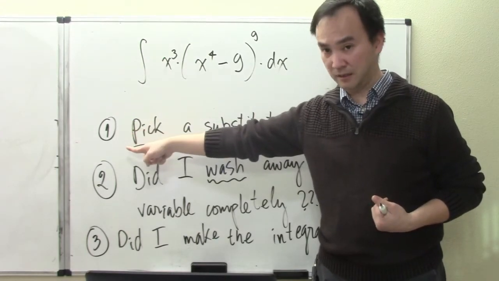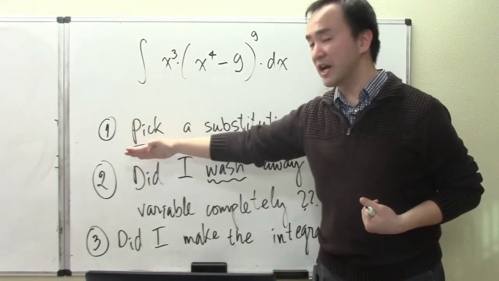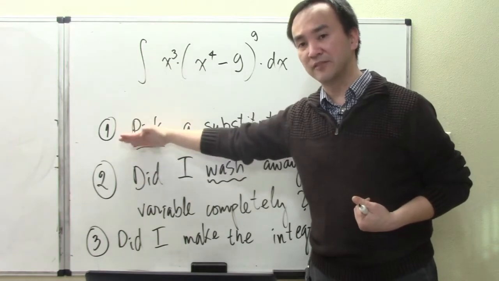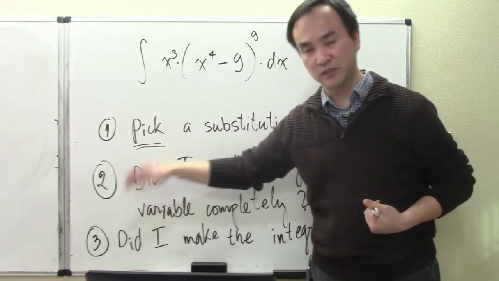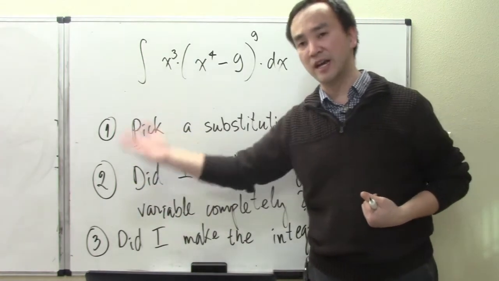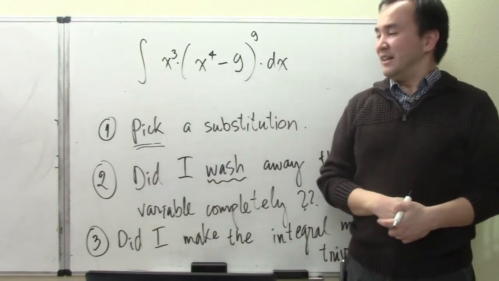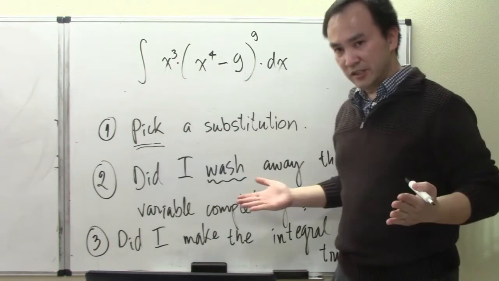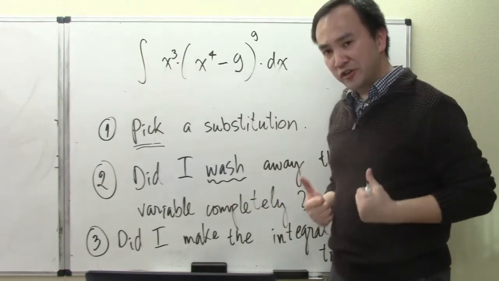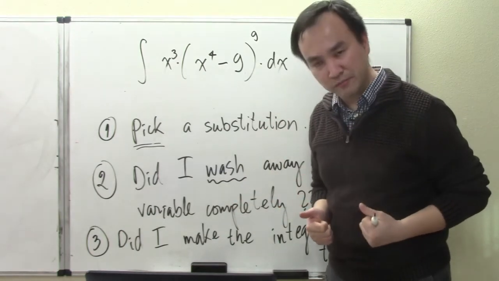I respect them. What matters is, do they know how to develop from where they picked to the rest and made it successful and landed on an answer? That's what matters. Okay? And so this is the major understanding of the substitution method.